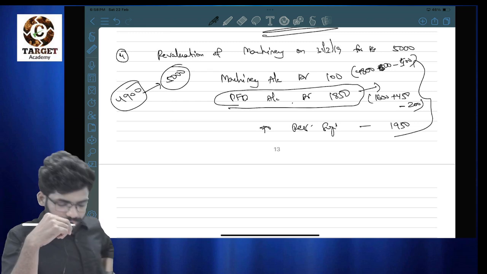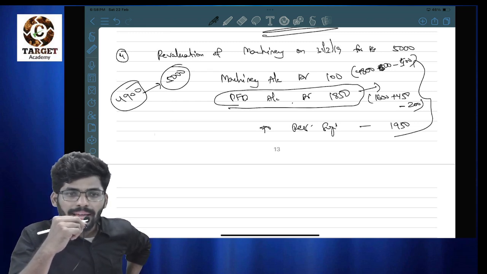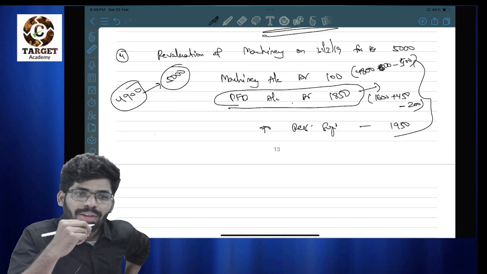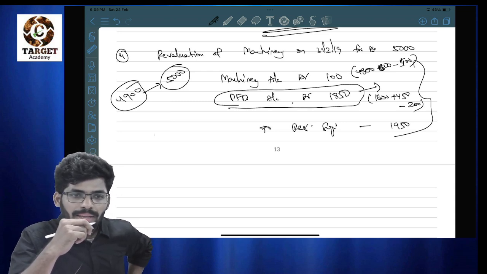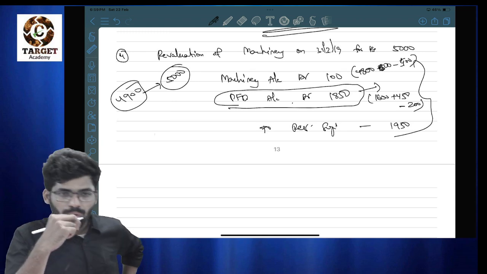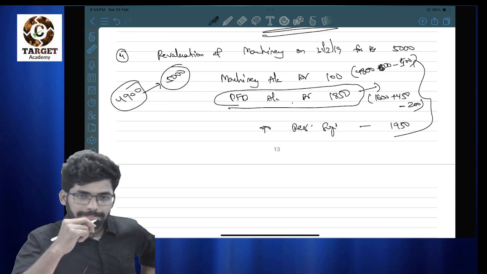Understood? From next year, on which amount do you need to calculate depreciation? 5,000. Is there any provision for depreciation balance? No. Is that clear?